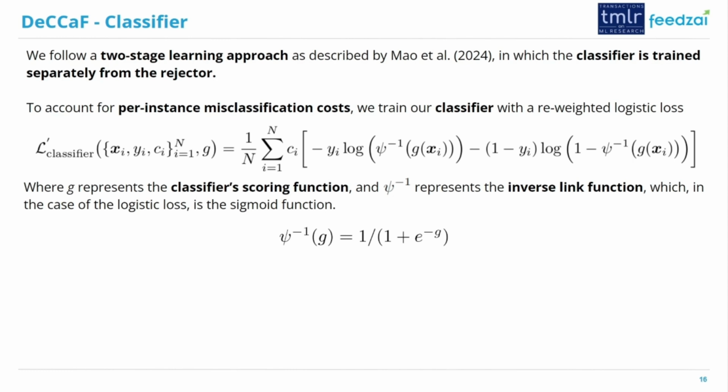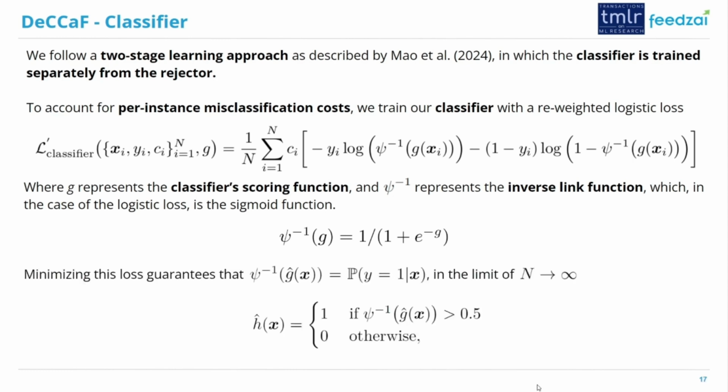To account for per instance misclassification costs, we train our classifier with a reweighted logistic loss, where the value g represents the classifier scoring function and the inverse of Ψ represents the inverse link function, which, in the case of the logistic loss, is the sigmoid function.